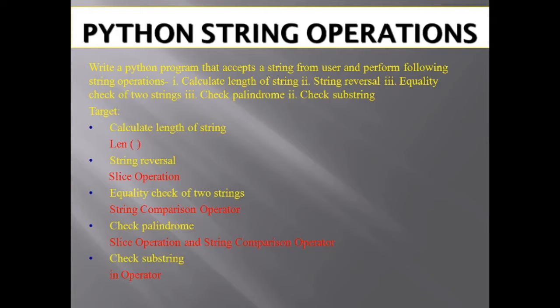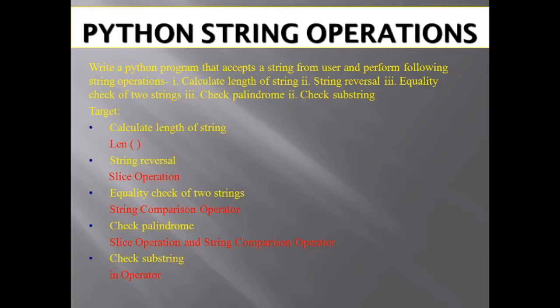Now before starting the actual programming, first we will understand some concepts that we require here. First, to calculate the length of string, we require the len function available in Python. We will use the len function to calculate the number of characters or elements in a particular string.